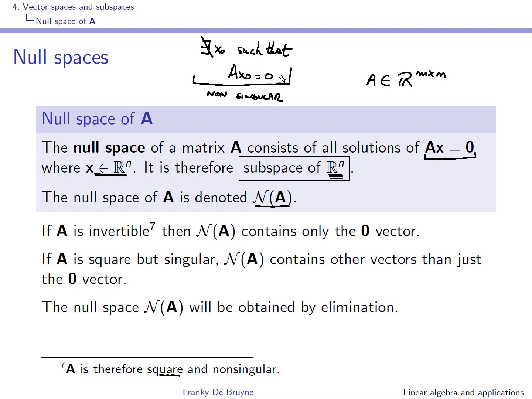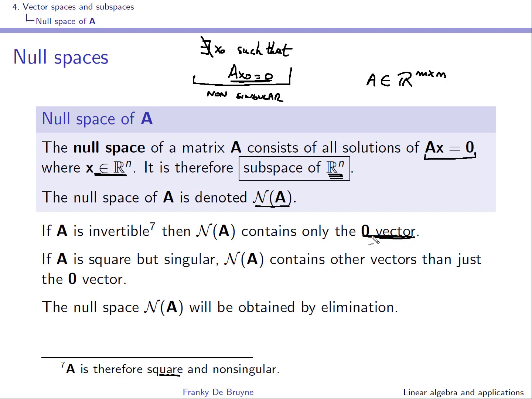The only vector that can make Ax0 equal to 0 is the 0 vector itself; apart from that, there is no x0 that makes this equation true. So for a non-singular matrix, or a matrix that is invertible, the null space contains only the 0 vector.